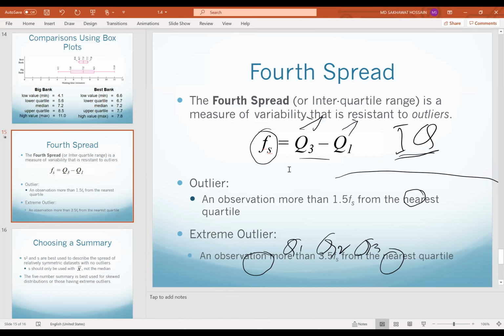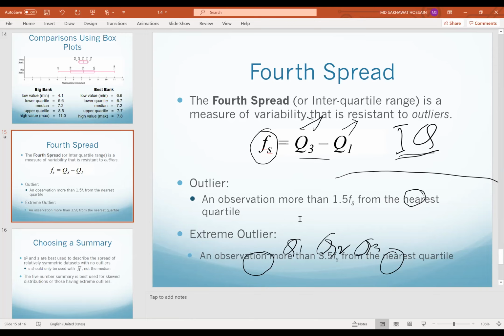So the interquartile range is important to calculate the fourth spread. This is considered as the fourth spread. And we use this to find the outliers in our data set. If there are outliers in our data set, you can use the interquartile range to see which values are outliers.